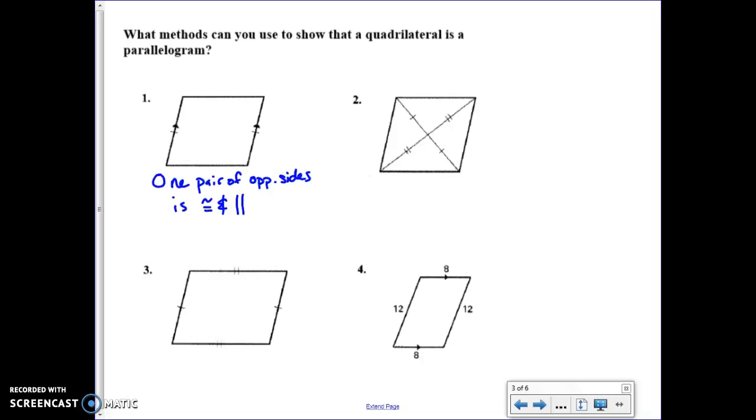All right, number 2 looks like we have the diagonals being cut. So both pairs of diagonals are bisecting each other. So diagonals bisect each other.